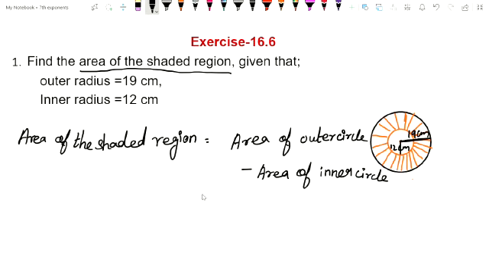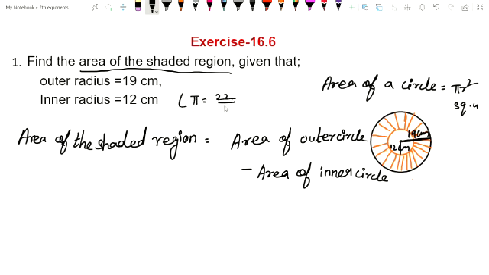So the area of a circle, what is the formula, children? Area of a circle equals pi r square unit. Here the value of pi is given. Pi equals 22/7 is given in the question.